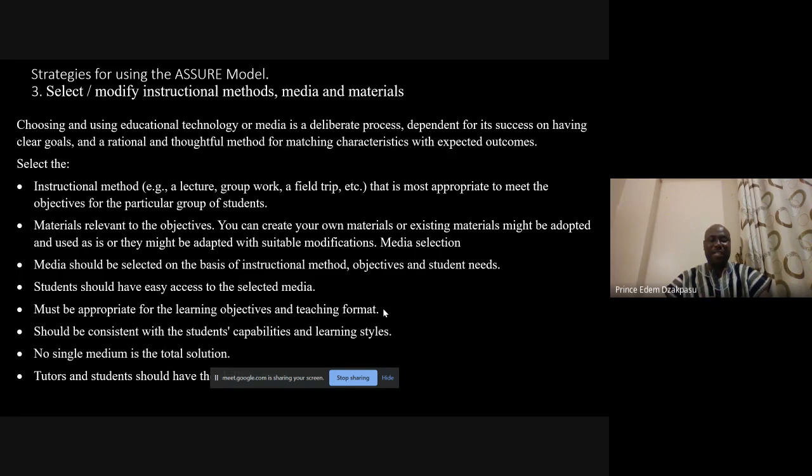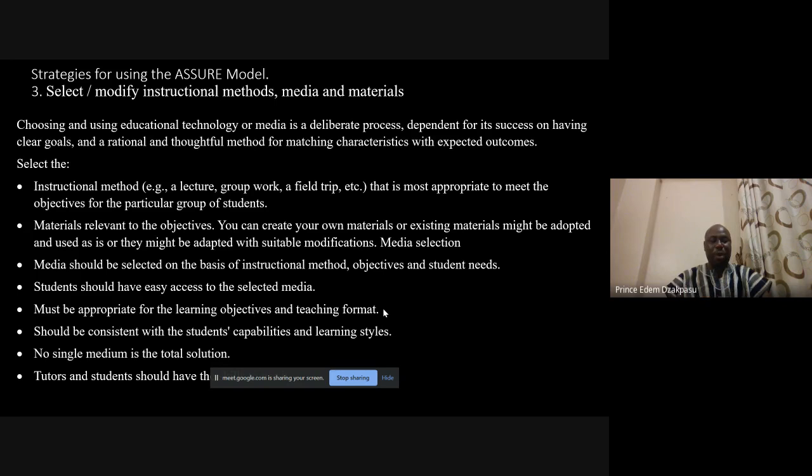Then we have media selections. For us to select the media, we need to select media based on the instructional method we want to use. Then, in addition, based on the objectives that we want to achieve. And finally, based on the needs of our students. Students should have easy access to the material or the media that is selected.